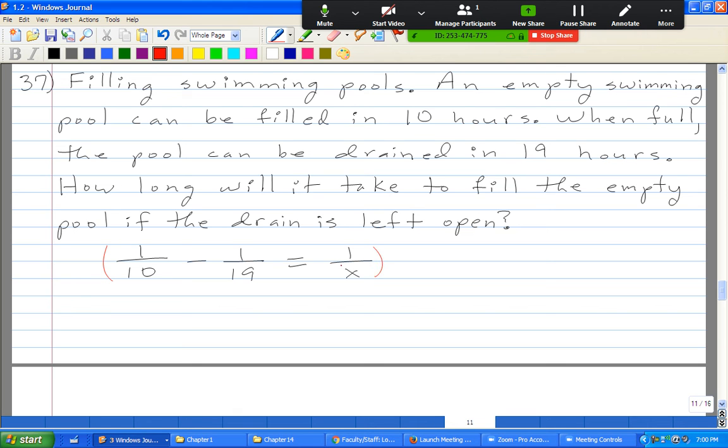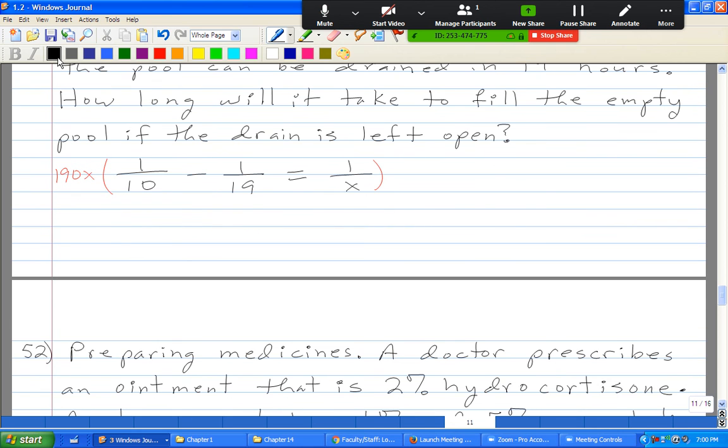Let me multiply both sides of my equation by the least common denominator, which is 190x. And so I get 19x minus 10x is equal to 190. So subtract, so you get 9x is 190.